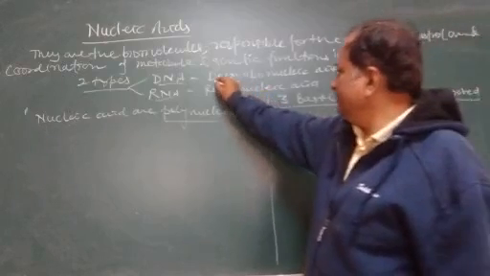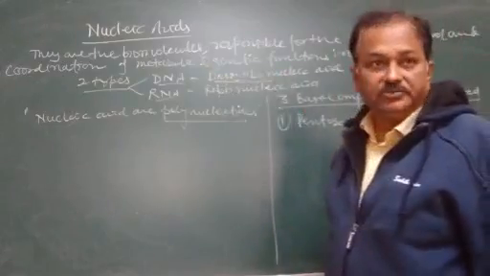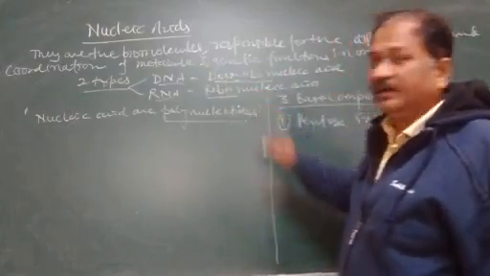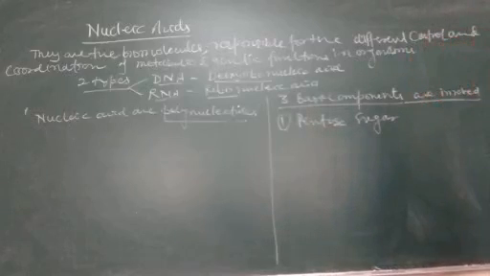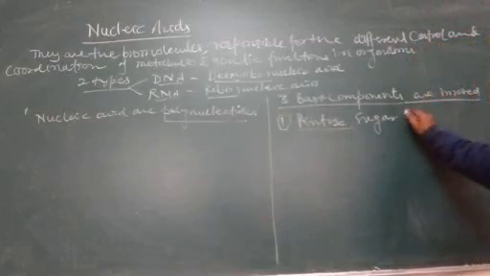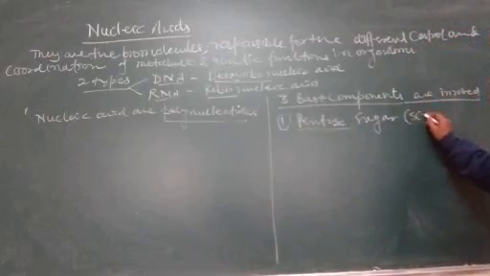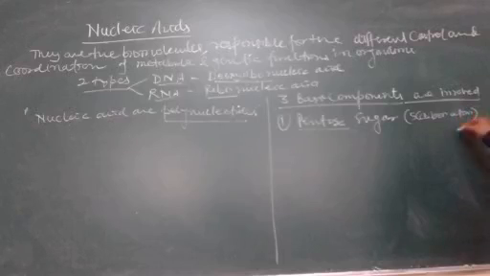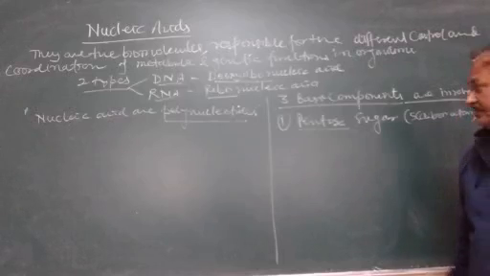Like here we have in DNA deoxyribose sugar, and here we have ribose sugar. So pentose sugar means they have 5 carbon atoms.